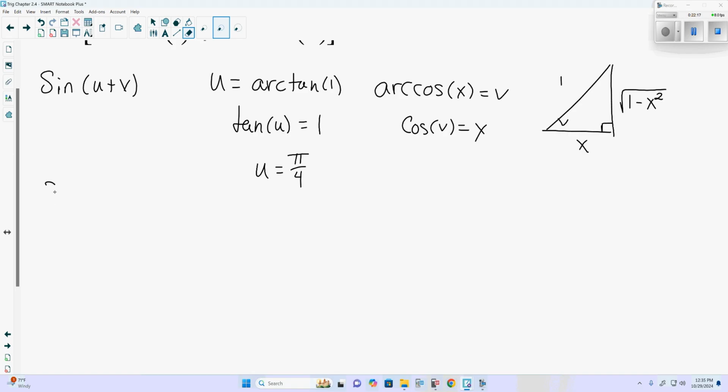Now, sine of u plus v is sine of u cosine of v plus cosine of u sine of v. Sine of u, well, sine of 45, pi over 4.